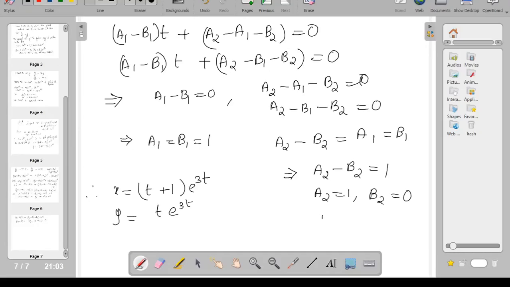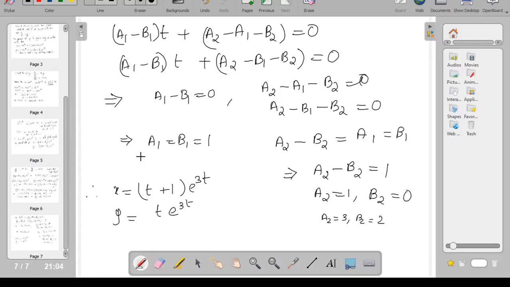Again if you take say a2 equal to 3 and b2 equal to 2, then the solution is x equal to t plus 3 times e raised to 3t, and y equal to t plus 2 times e raised to 3t. So that will be the second solution.